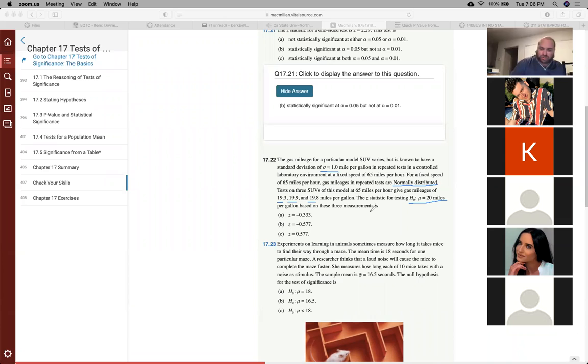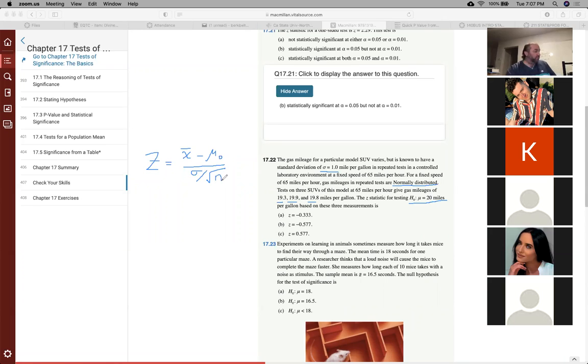Google, yes, Google does everything for us. That's correct, but it's nice to know how to get it. So Z is nothing more than the value that you got minus the assumed mean, divided by your standard deviation.